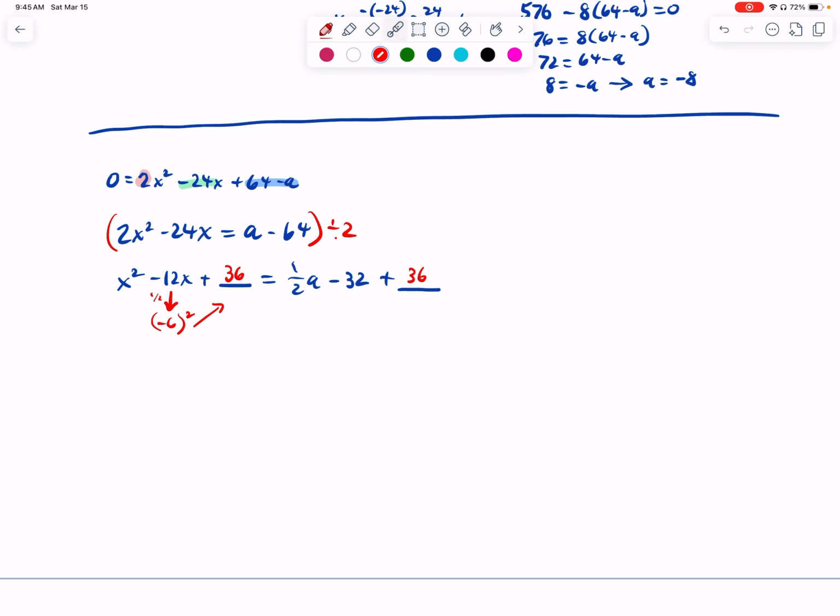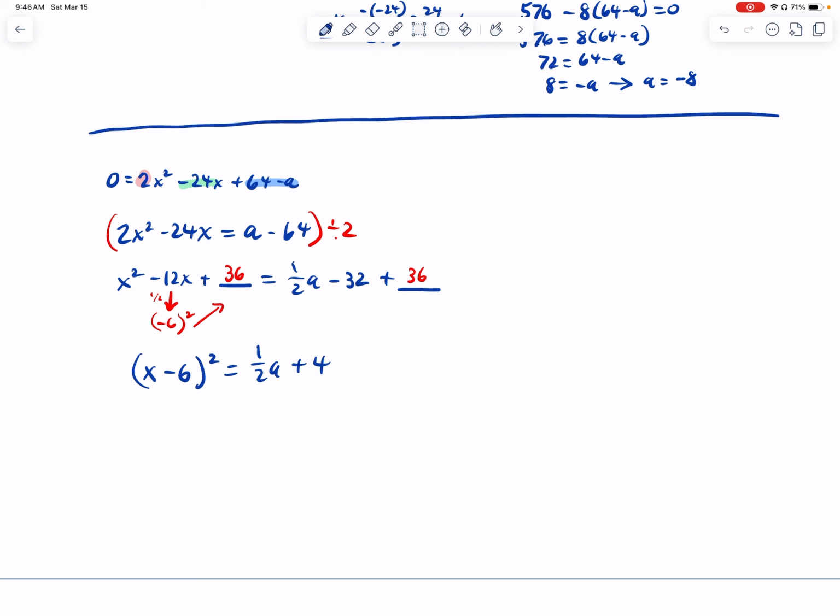Okay, so now that I've gotten that under my belt, and again, if you needed to understand how this actually works, you go check out one of those other videos linked in the description. Not really. Anyway, so now the left-hand side factors as x minus 6, basically this number that we get after we take half of the middle term and then square it, is equal to, and then the right-hand side of this equation is going to simplify as a half a, and then plus 4.